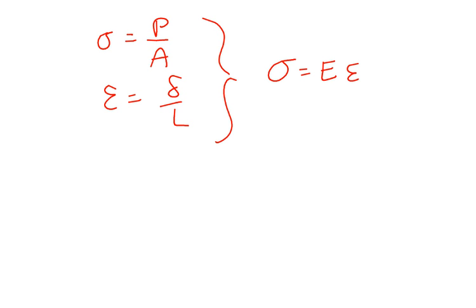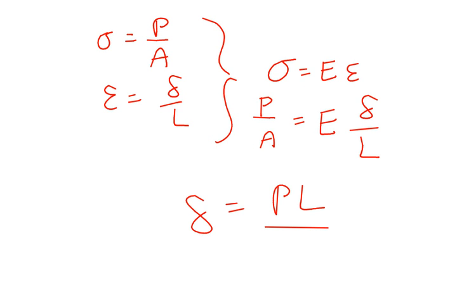And now I just substitute. Sigma is P over A equals E times delta over L. Okay, and solve for delta. You get delta is PL over AE. Okay, it's literally that simple.